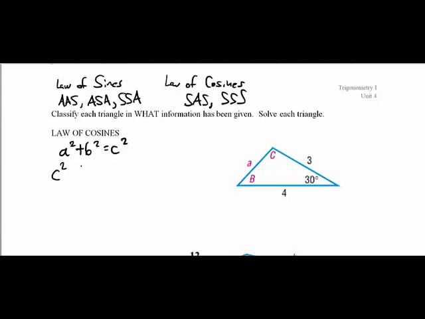We're just going to write the C squared first, and then after the C squared, we're going to write A squared plus B squared. The reason why I like to do that is because then I can see this pattern. If I subtract 2AB and then multiply by cosine C, and capital C stands for the angle, we now have one of our three possibilities for the law of cosines.